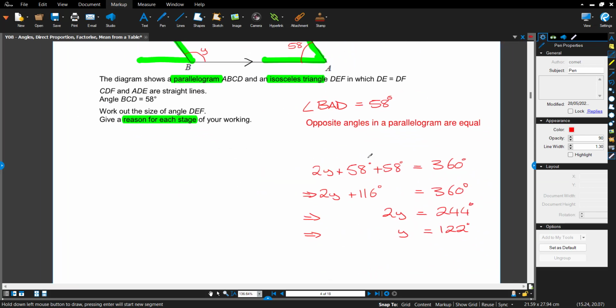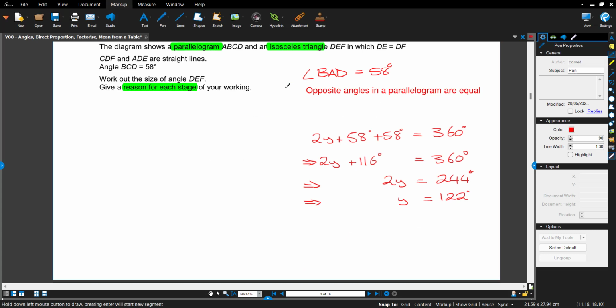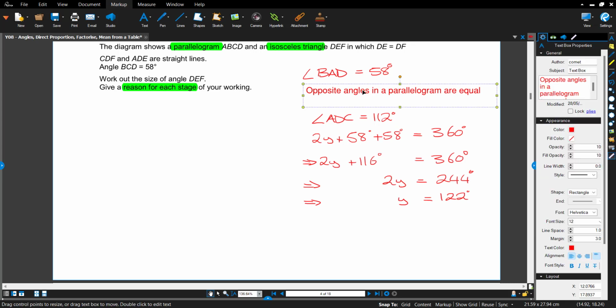So let's give our reason. So what's that angle? ADC. So angle ADC equals 112 degrees. Now you could just call it Y. Like you've marked it in they should be able to see that. So let's just give our reason. What was the reason?